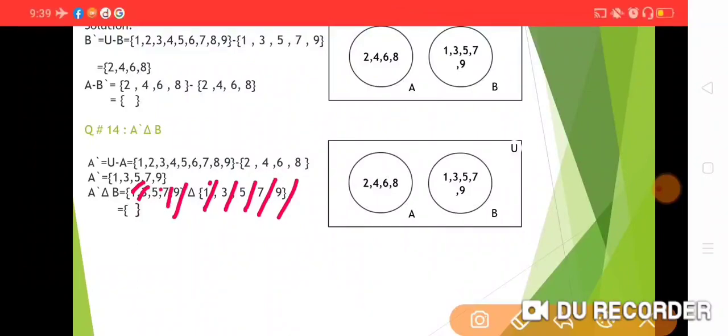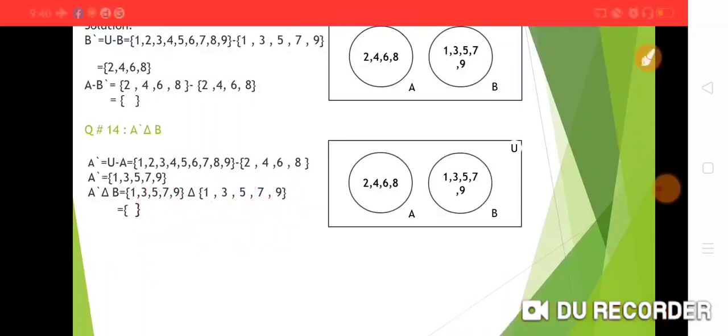There is no element left in set A and set B. If any element from set A and set B is left, we write it over here. But here we don't have any element. All the elements are subtracted, so the answer will be null set.